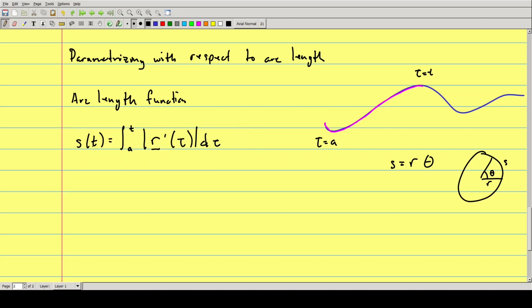And what this does is it gives me a variable s that I can use in order to express what's going on with my function.